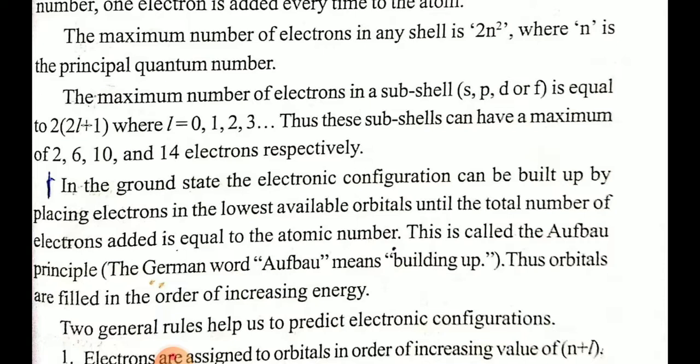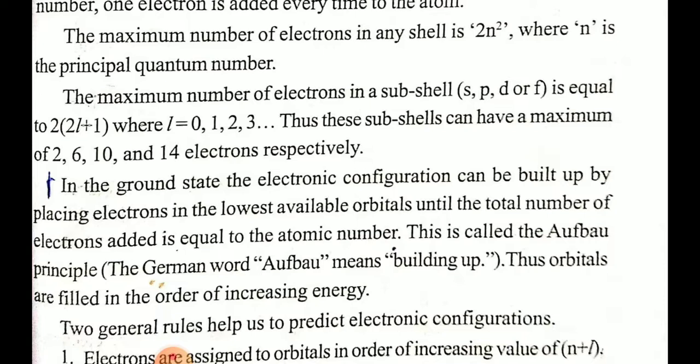Thus, orbitals are filled in the order of increasing energy. We already know that for the first shell the energy level is less, and an increasing n value tells us that the energy level also increases.